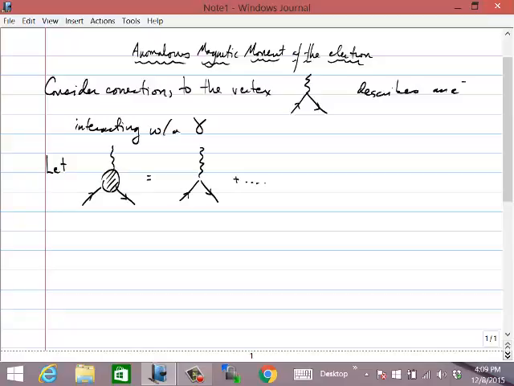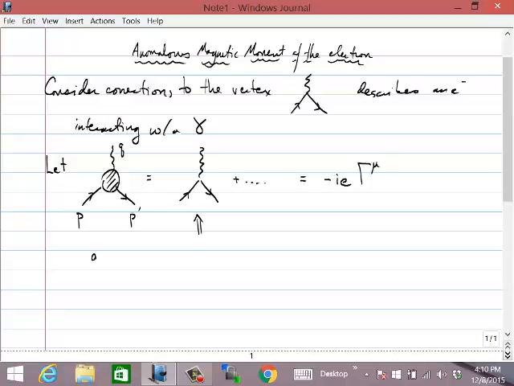Okay? And if I had just that single interaction vertex, the tree-level interaction vertex here, this would be minus i e times gamma mu, the Dirac matrix. So in general, I'm just going to give a name to the sum of all possible diagrams. I'll call it capital gamma mu. And this will be a function of the ingoing and outgoing momenta of the electrons, as well as the momentum of the external photon.